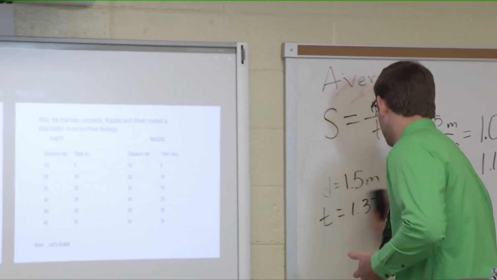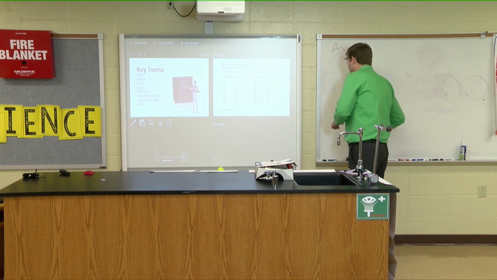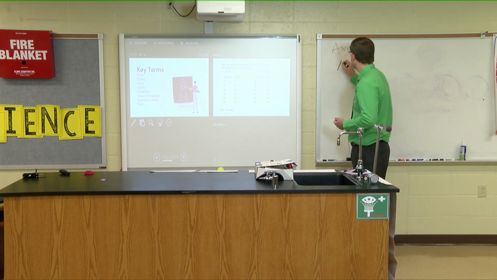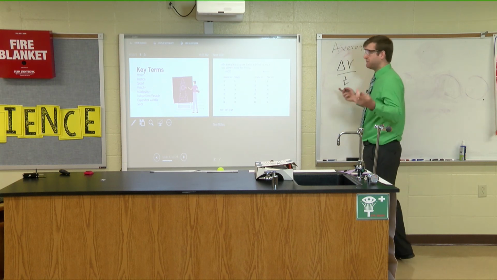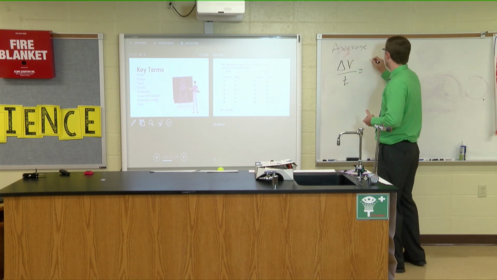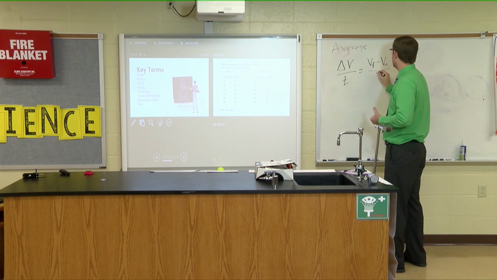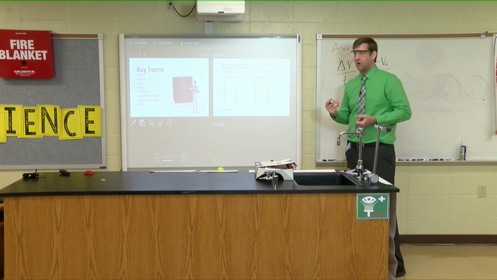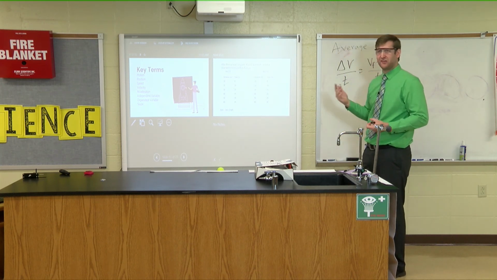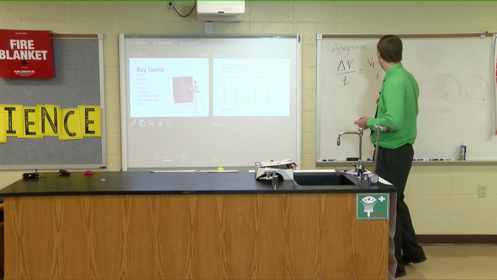So again, it's the change in velocity over a certain amount of time. The change in velocity can be written final velocity minus initial velocity, and then over time. So what that means is if you go from 0 to 60 in 3.5 seconds, remember that car from last week?